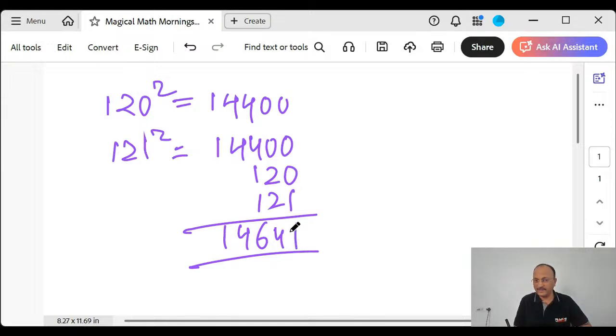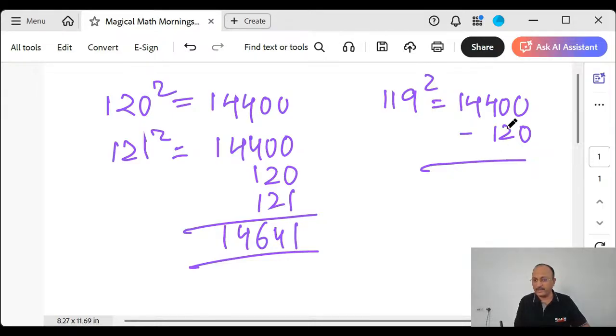Correct? Suppose you want to find 119 square. Subtracting the predecessor takes a little time, but addition you can do very fast, because in subtracting the predecessor we do two steps. Addition means directly we can do. Now what we'll do? 14280. Here we use the Nikhilam Sutra so that I can directly write the answer.